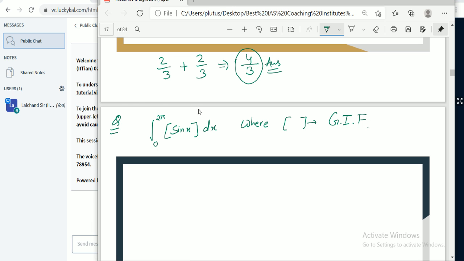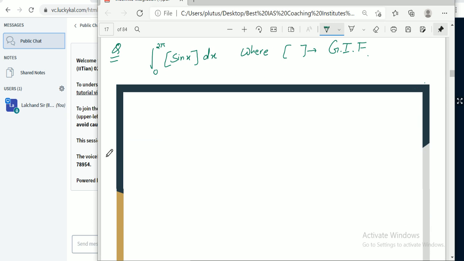Try to calculate this integral. First, we need to break it according to the intervals. So let us make the graph of sin x from 0 to 2 pi. This is sin x, this is pi, and this is 2 pi simply.